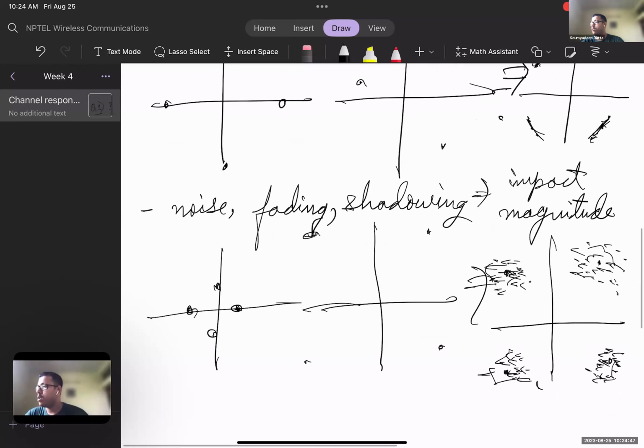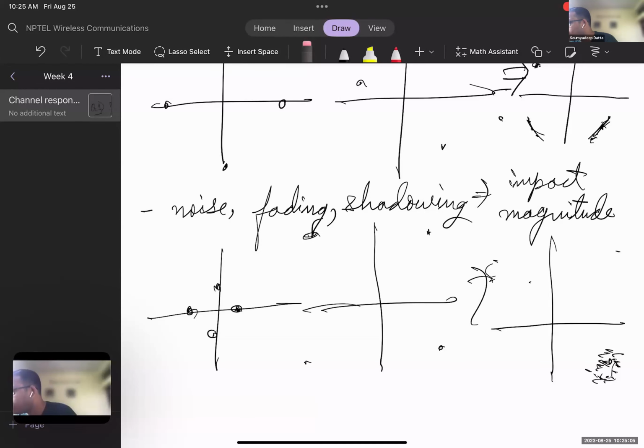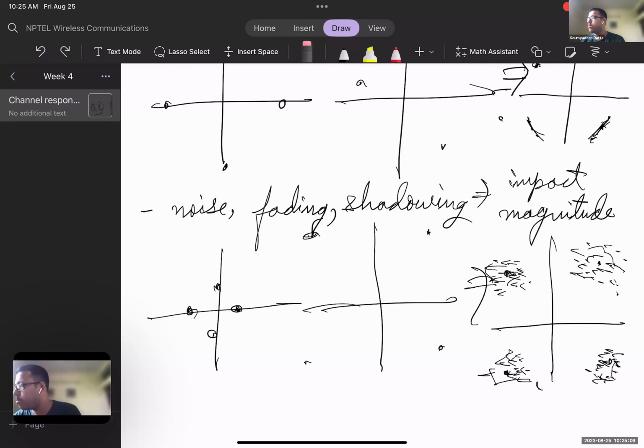Similarly now, I have not mentioned Doppler here, so that is why I haven't shown any phase shift predominantly. My bad. Even without Doppler, if there is fading and shadowing, then there can be some phase shift. So this is how it will look.